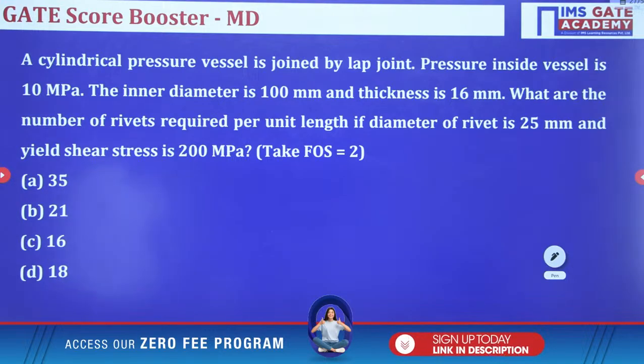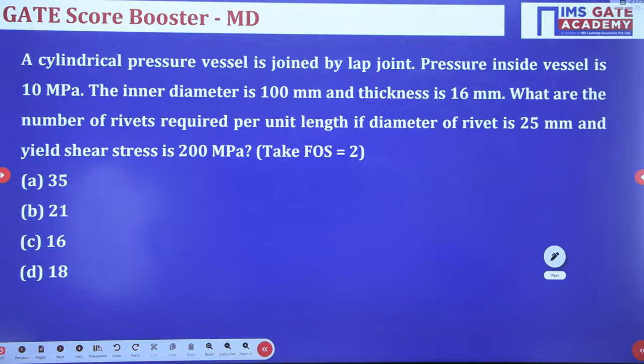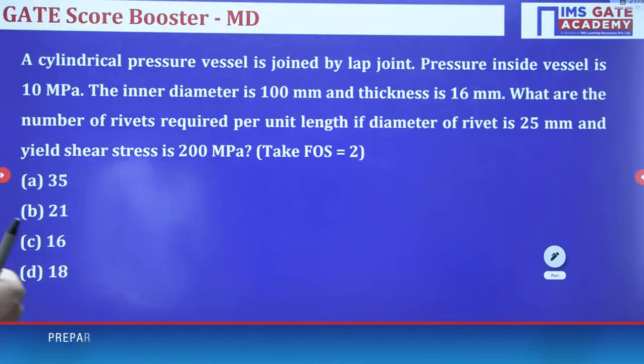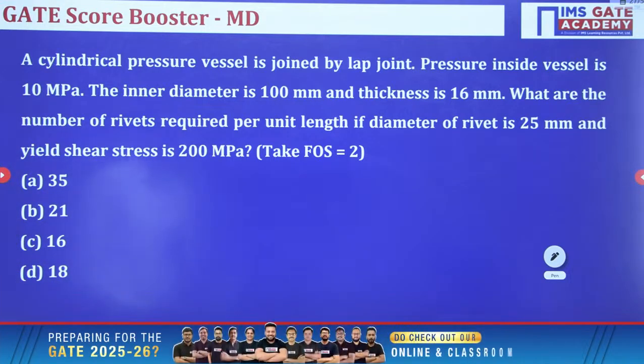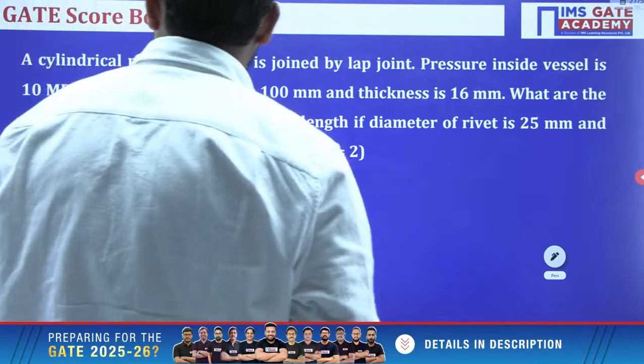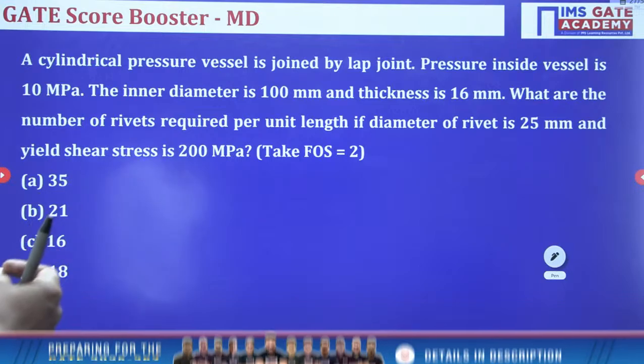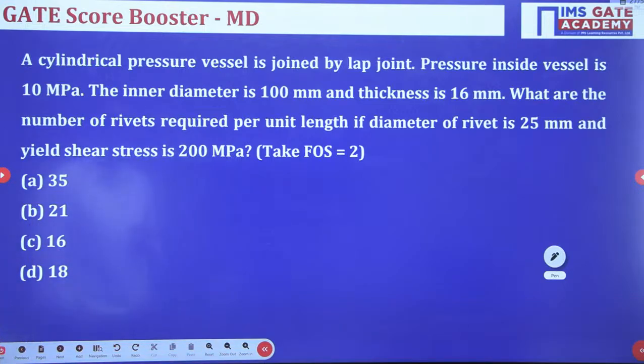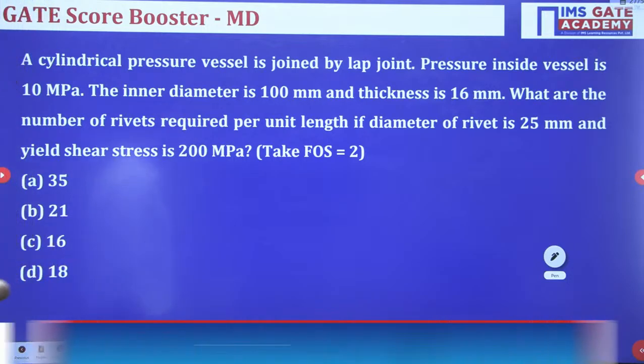What is the number of rivets required per length, if the diameter of the rivet is 25 mm and the yield shear stress of the rivet is 200 megapascal? Take factor of safety as 2.